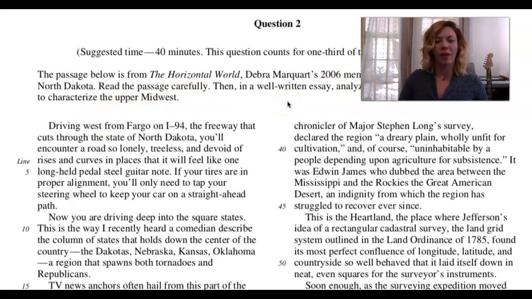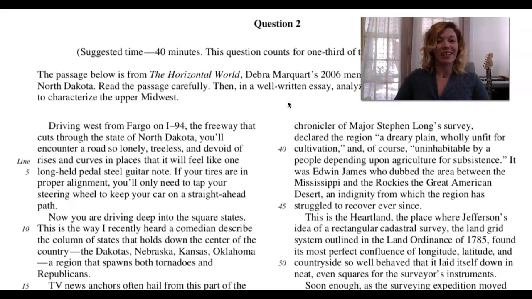So if you're in my classes, then you know the very first assignment that you did on your summer reading was your footnotes, and they were a style analysis, and you were tasked with, and we've done this many times throughout the year, articulating how the author achieves certain effects. So the effect here is a characterization of the Midwest. How does she achieve that? Now that's the first thing to consider.